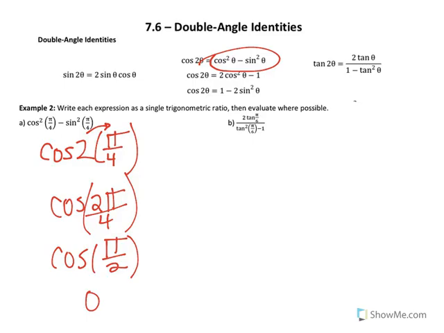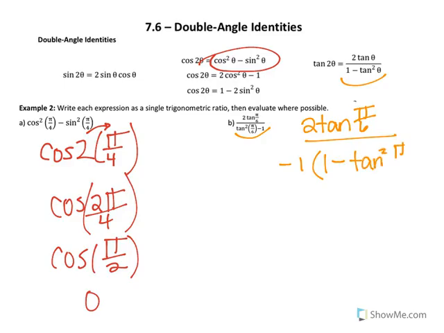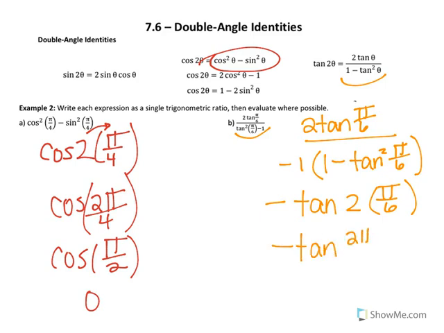So we have 2 tan theta over tan squared theta minus 1. What I'm noticing is it's kind of like the identity, the only difference is on the bottom, these are backwards. So I'm going to take out a negative 1. So we have 2 tan pi over 6 over negative 1 times 1 minus tan squared pi over 6. Now we can change it to be negative tan 2 theta, so negative tan of 2 times pi over 6, which is negative tan of pi over 3.